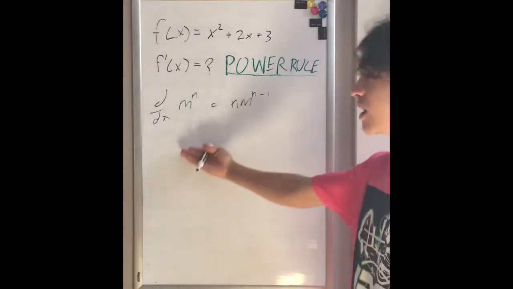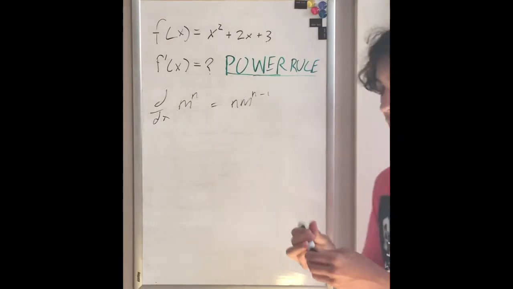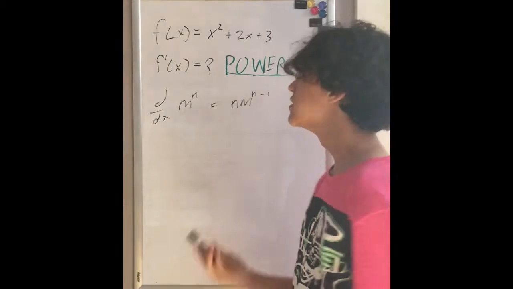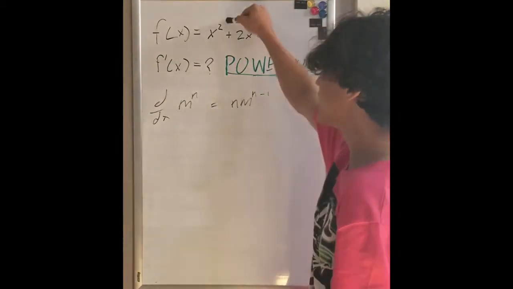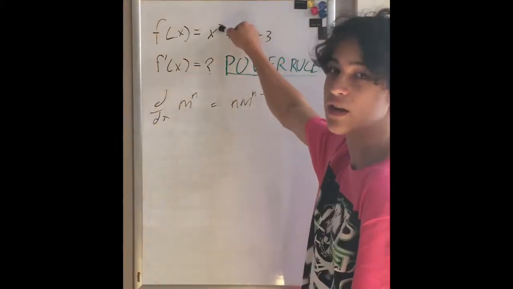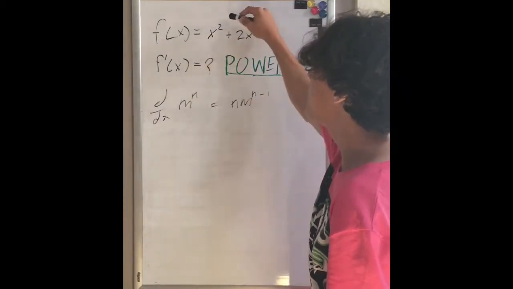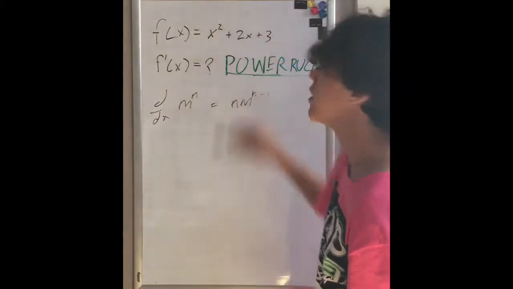That's the definition of it. Basically, it means that for every term in the function that you're taking the derivative of, you're going to take the power that it's being raised to, multiply that by the coefficient, and then subtract 1 from that power.